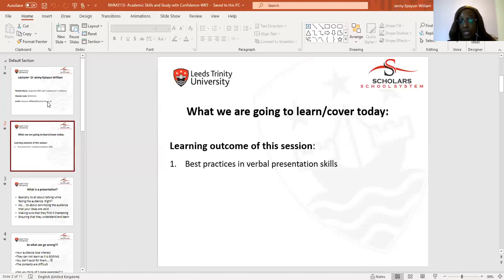These are the learning outcomes that should be fulfilled at the end of this session. Verbal presentation skills are key skills that you need in the university and also in the workplace. So it's important that you appreciate the importance of it and you imbibe the best practices while you are studying your course, which will also be useful for you in the workplace.